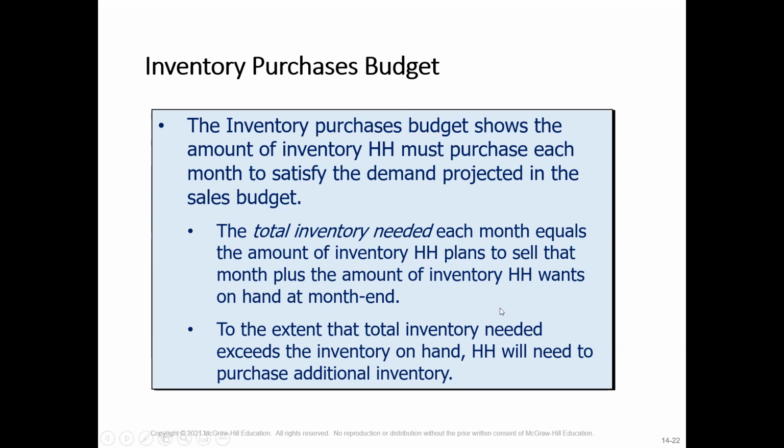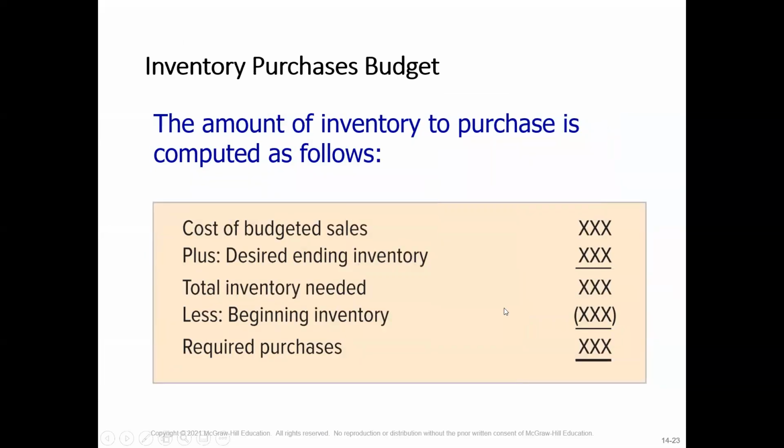So we will need to purchase again additional inventory. So the computation, and this is the bottom of page 513 in the tan box. Our computation is that we have the cost of budgeted sales plus desired ending inventory equals the total inventory that's needed.